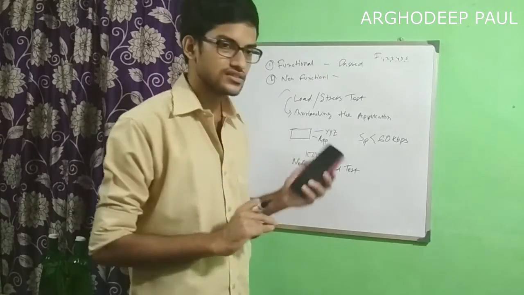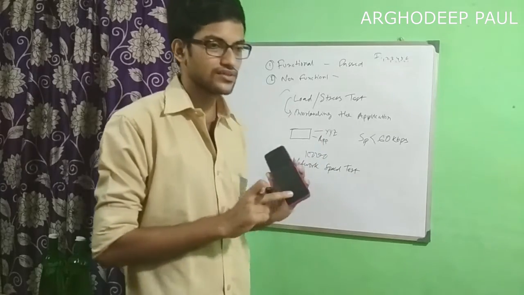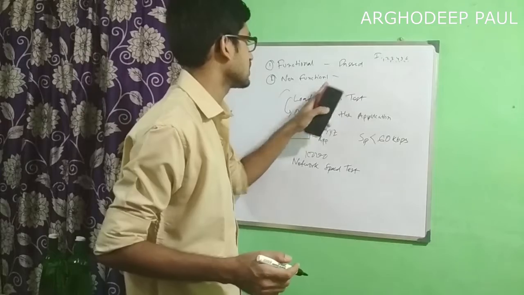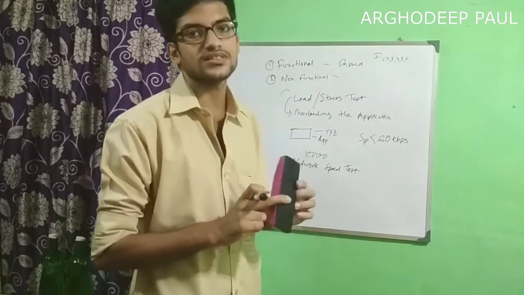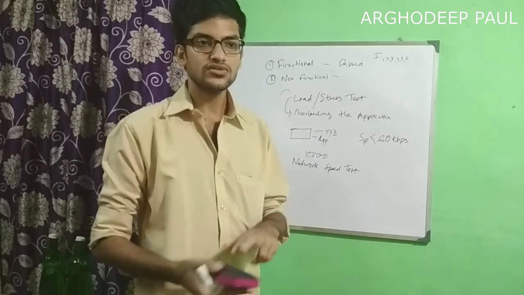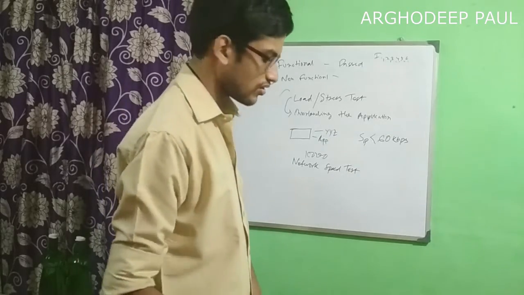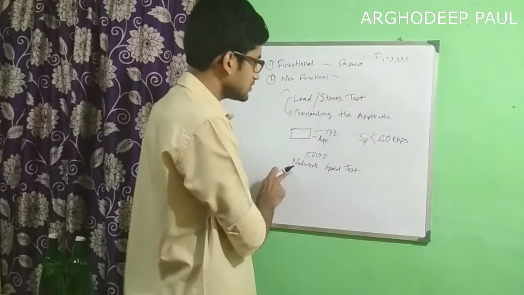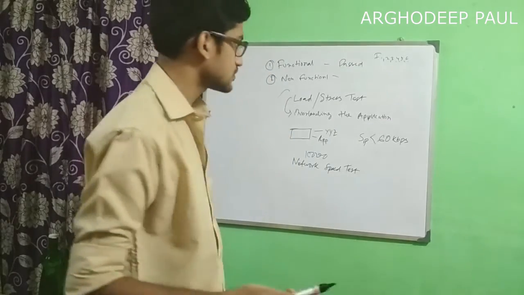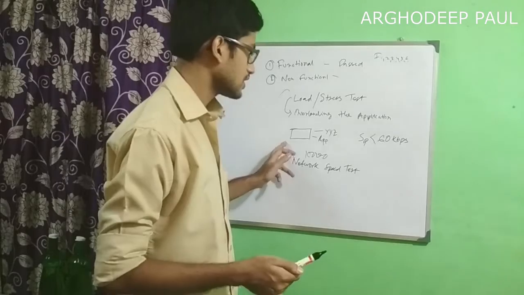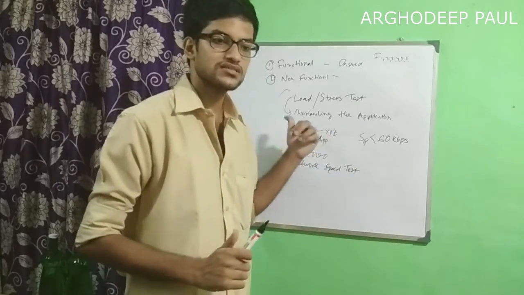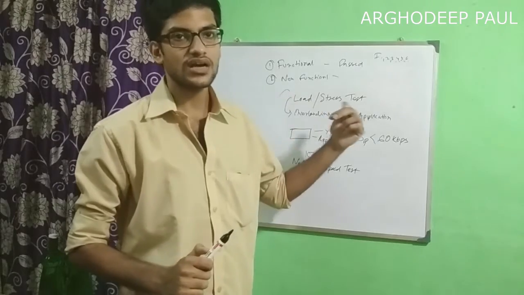But I can use this if I apply some water. That's also non-functional, or working under special circumstances. If I apply water, then I can use this. But this should not be the case. We should always make this thing flexible, so that no matter what the internet speed, hardware, or infrastructure is, every user can use the system properly. This should be our main motive.